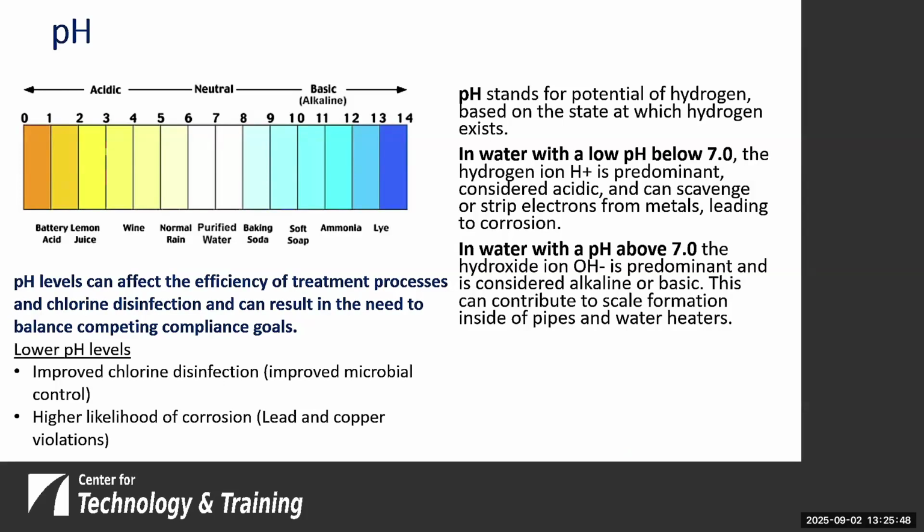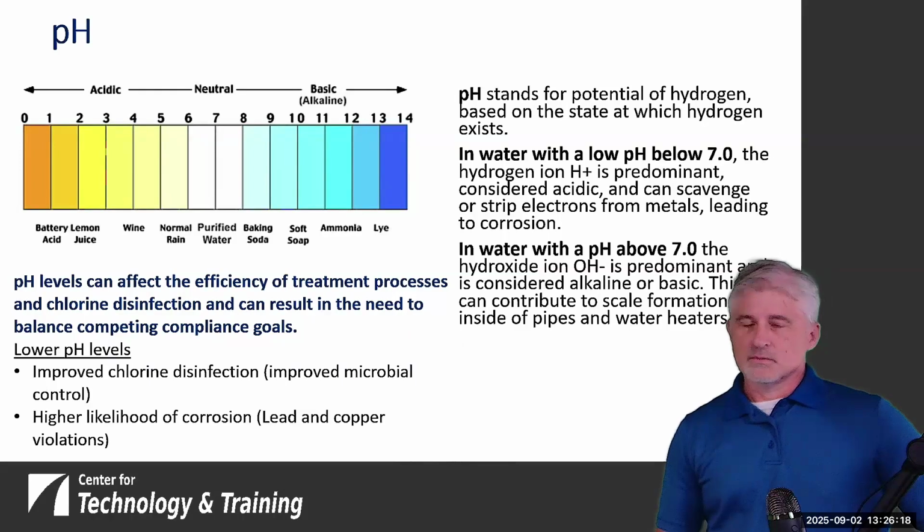So a lower pH, which would be an acidic water, our chlorine disinfection process works better if we have a low pH. But the problem with a low pH water is that, as I had said, it's likely to lead to corrosion. So that can affect our lead and copper. So we're balancing the idea of we want to have good chlorine disinfection, but we don't want to have issues with lead and copper.